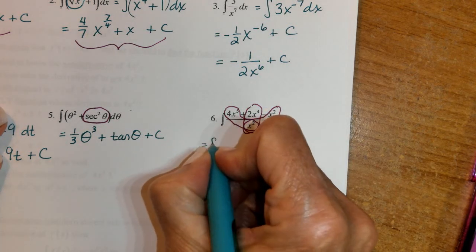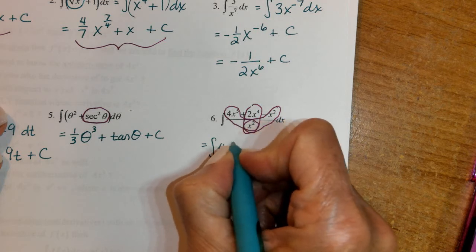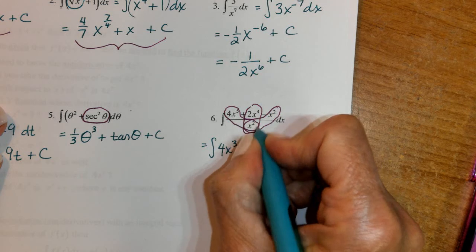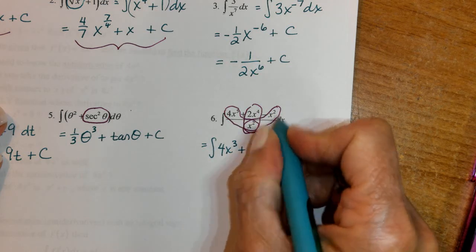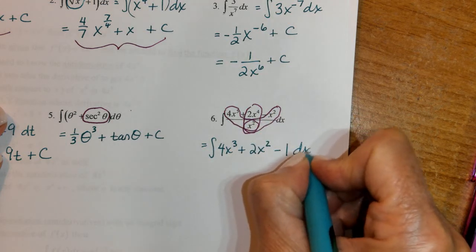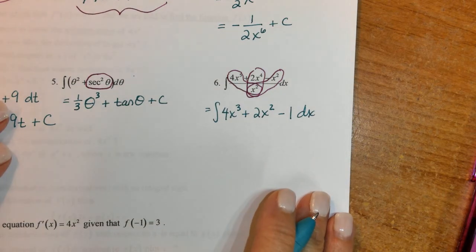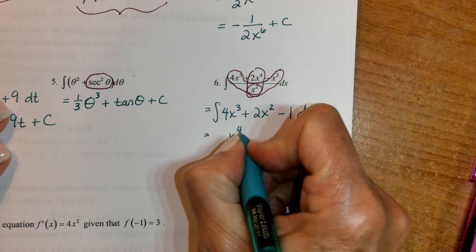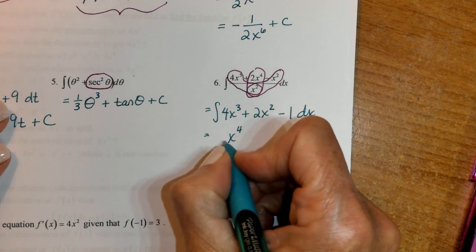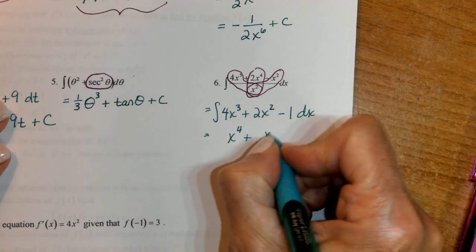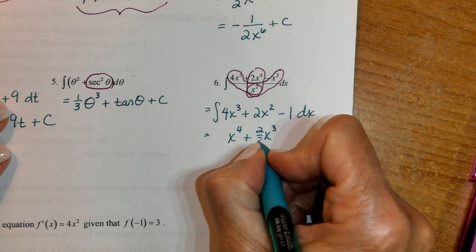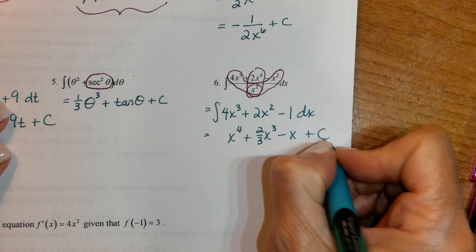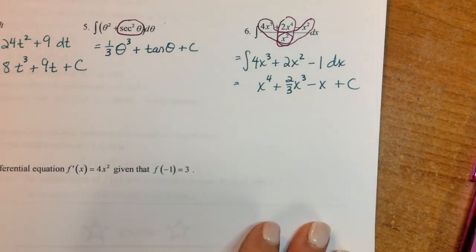So this is going to be 4x cubed plus 2x squared minus 1 dx. Now we can use the power rule. Raise your power by 1, divide by your new power. Raise your power by 1, divide by your new power. Raise your power by 1, add c. You're done.